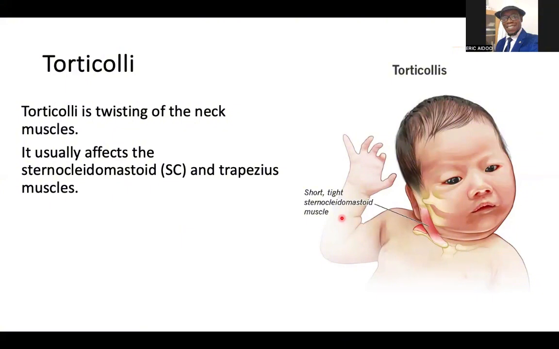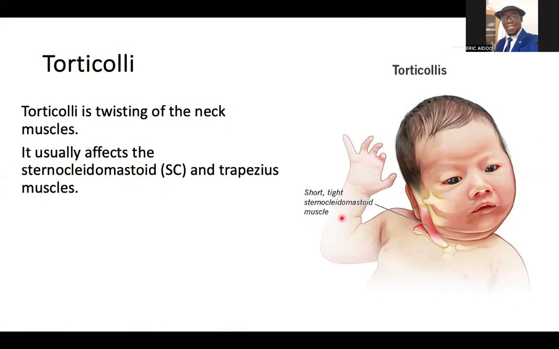And because it happens before birth, it is termed congenital. However, there are times it appears during delivery, especially during difficult deliveries, where inexperienced midwives pull the head of the neonate too much, exerting a lot of pressure on the neck. It can also cause that.